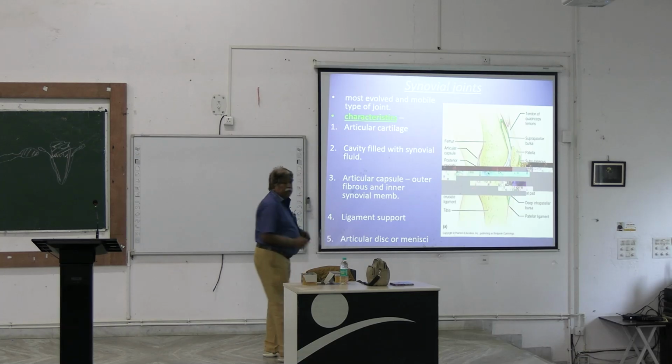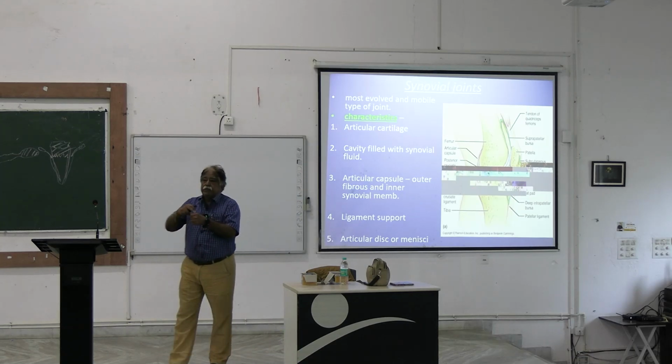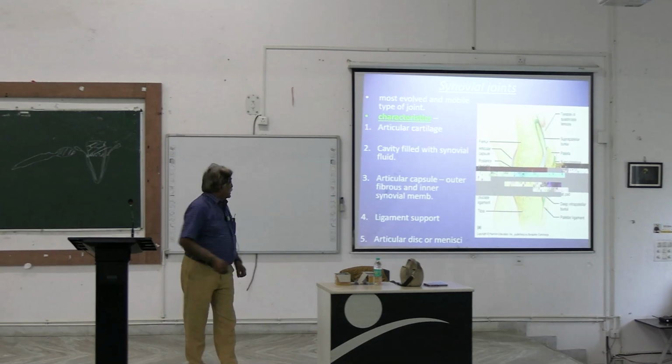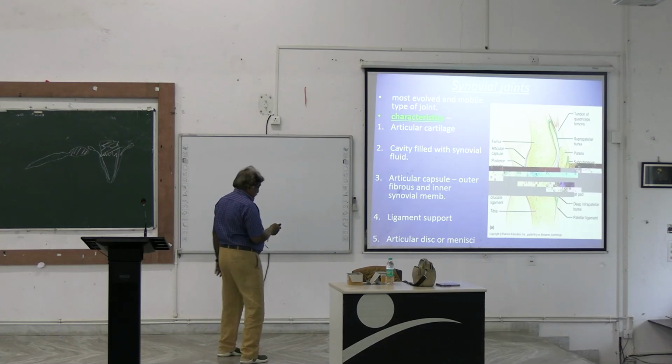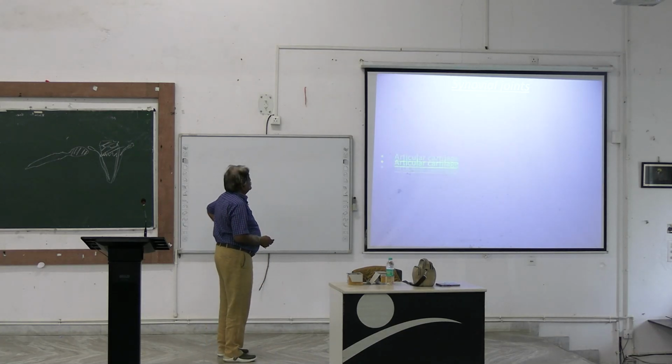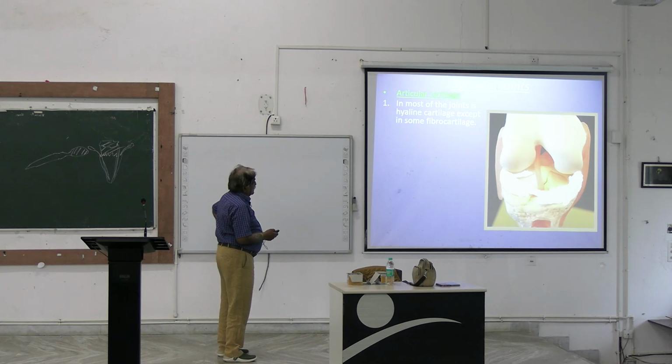The menisci are on the tibial upper end. Now, articular cartilage in most of the joints is hyaline cartilage except in some, fibrocartilage. Yeah, see, beautiful picture. This is the lower end of the femur, this is the upper end of the femur.